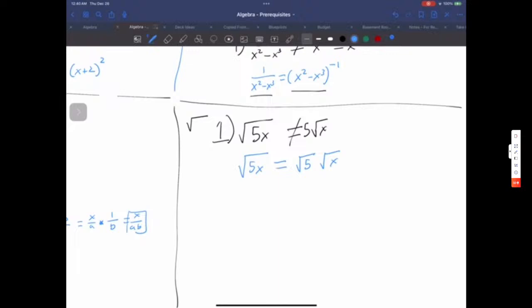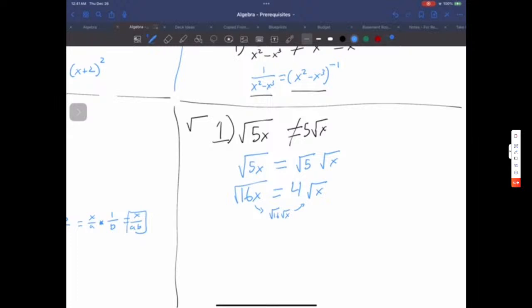You can simplify things this way, where, say, 16x square rooted is going to be equal to 4 times the square root of x, because I took the 16 out. The intermediate step here would be, this is the same as the square root of 16 times the square root of x, and that's what led me to that one. That is correct, but the 16 does not just come out of the radical by itself.